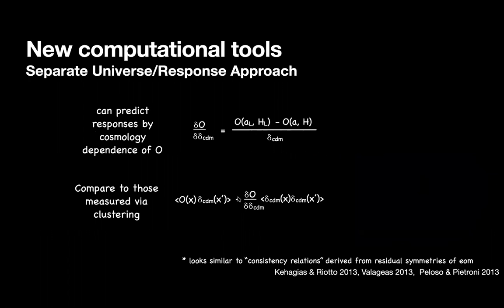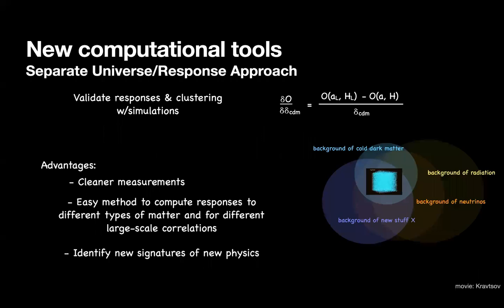If I was measuring quantities via correlation functions, I need to know the large scale correlations in the matter field, for instance, or the large scale cross correlations between matter and other stuff. But if I'm doing this response approach, I just need an individual mode in the matter density field. I don't need to know how the matter density field is correlated on large scales. So that simplifies things most explicitly if you were caring about some new physics like isocurvature.